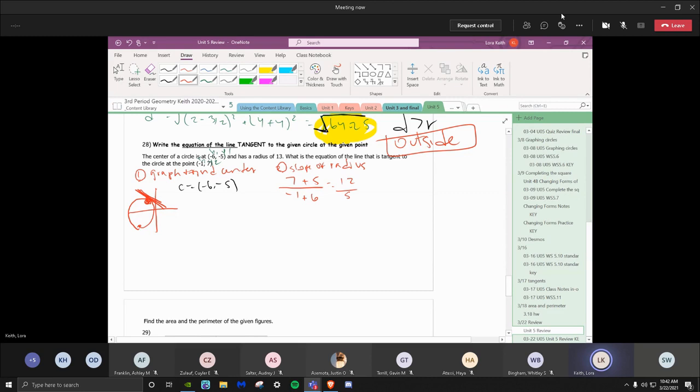Okay, our next step is to find the slope of the tangent. Remember that the tangent is perpendicular to our radius. So what number would be perpendicular to 12 over 5? 5 over 12. So our slope of the tangent is going to be perpendicular to that slope. You just flip it and make it the opposite sign.